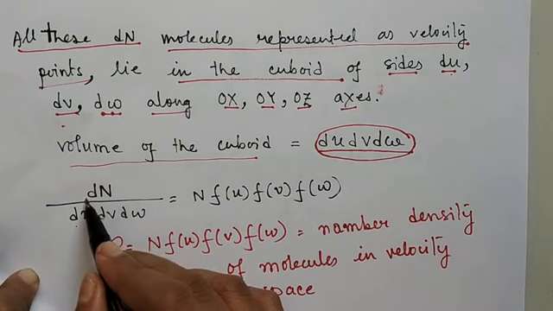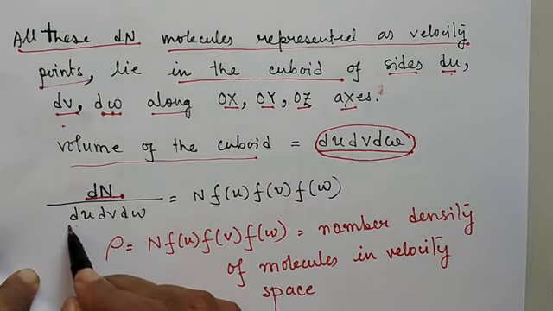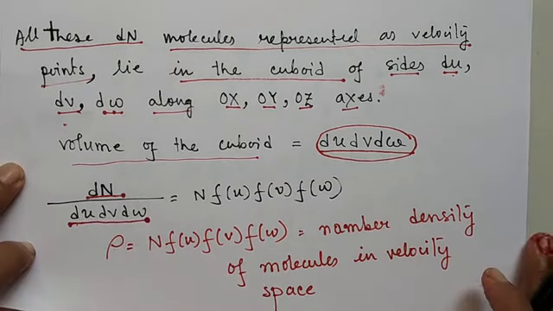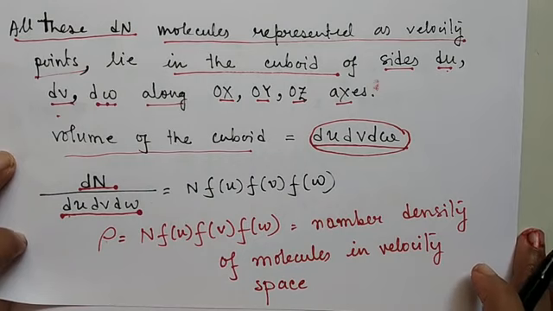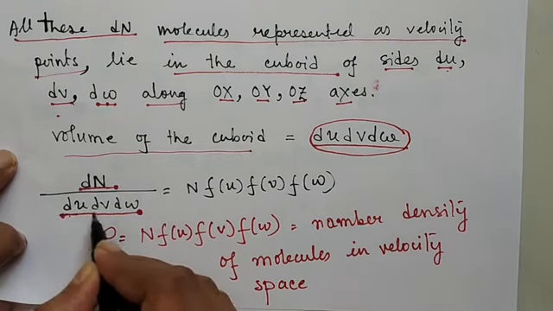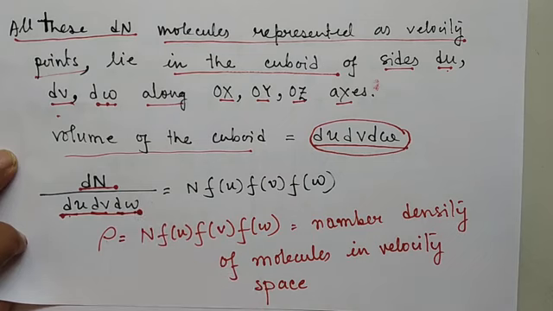So this is the number of molecules per unit volume, where the volume element is taken in velocity space. It is not a space volume, it is a velocity volume. The sides do not represent a length or height, they represent velocities, right? du, dv, dw are velocities.